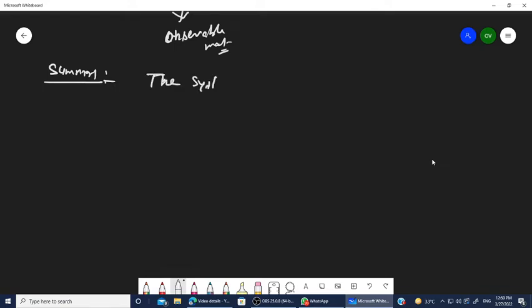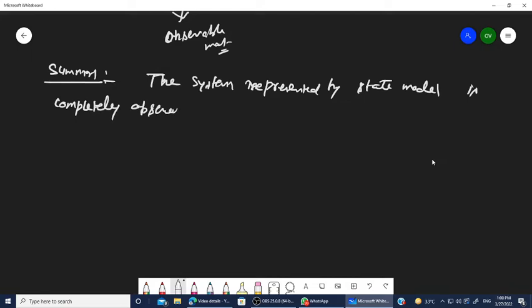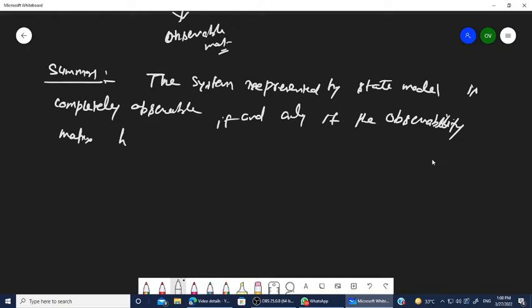The system represented by a state model, which should be a linear time invariant LTI system, is said to be completely observable if and only if the observability matrix has full rank. That's it.